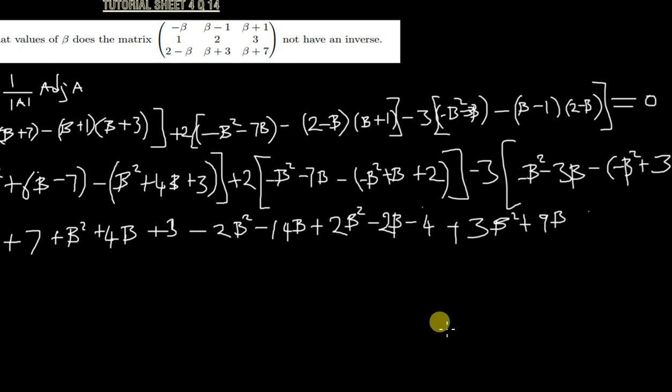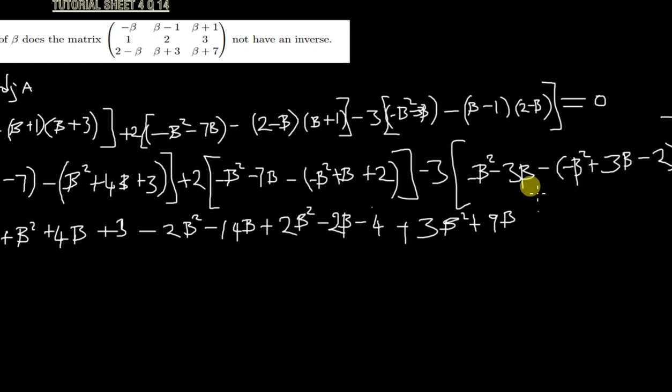Then that will give me now negative times negative to be positive beta squared times 3 to be negative 3 beta squared, and then negative times positive to be negative 3 times 3, negative 3 to be positive 3.